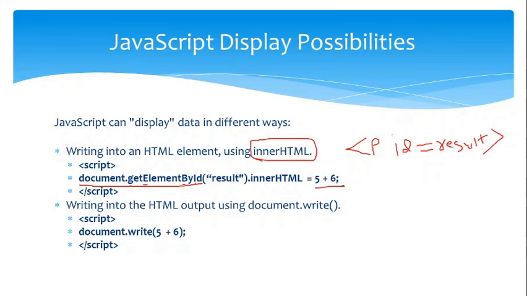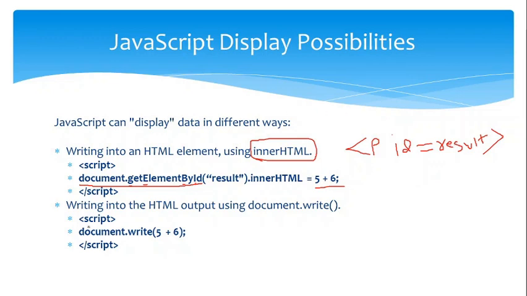The total will be 11. So for displaying the result, this is one way we can display the result on the screen. document.getElementById, and this is the result by id, meaning whatever id you use in any tag will be displayed here, and we need to get the data .innerHTML, whatever the result is here will be displayed in the paragraph tag.